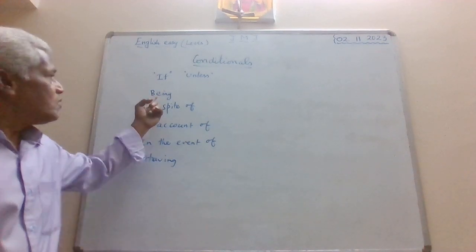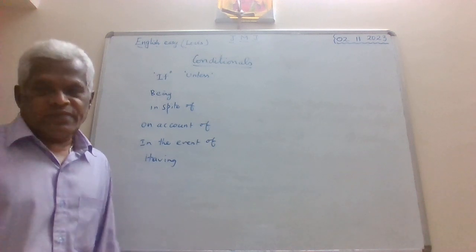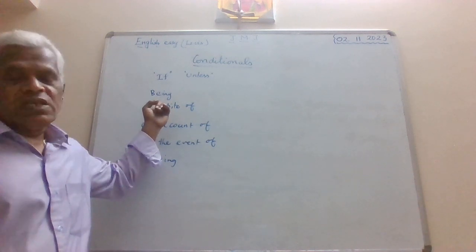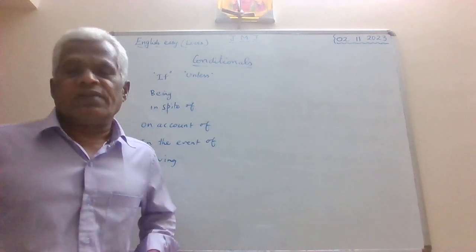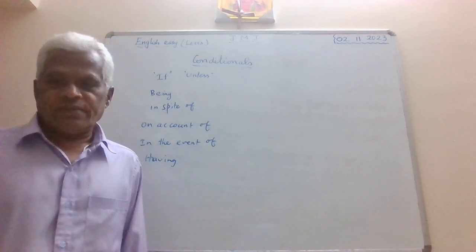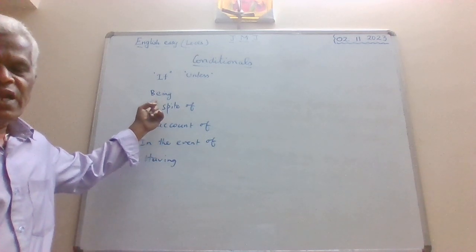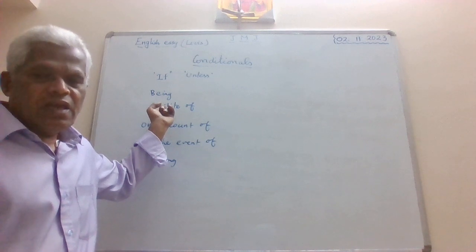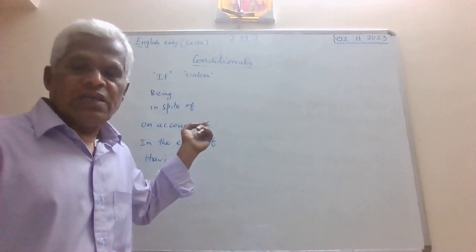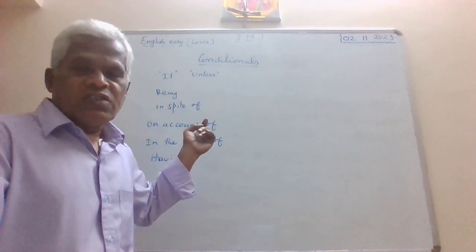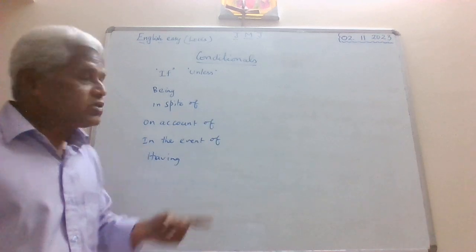Being, of course, is adding ing to the be verb. So we can call this a word as far as conditionals are concerned. When you are adding be plus ing, we will use this ing form of the word especially when we start transforming from one type to the other in conditionals.